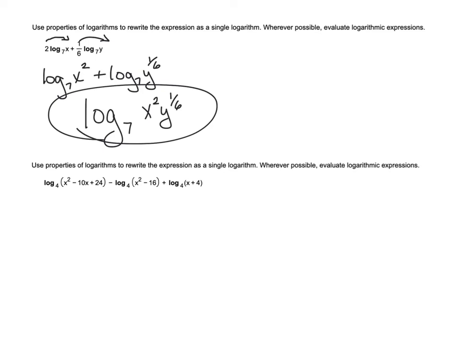But what you can do is, I like to think about it as I have log base 4. I have x squared. Minus means you're dividing, right? X squared minus 16. So the question here is, well, what do you do with the plus?